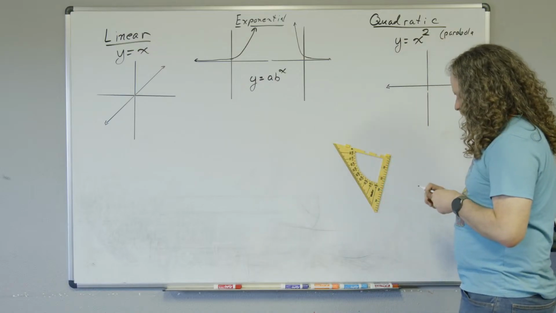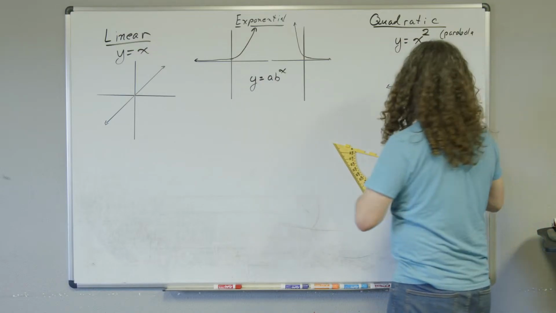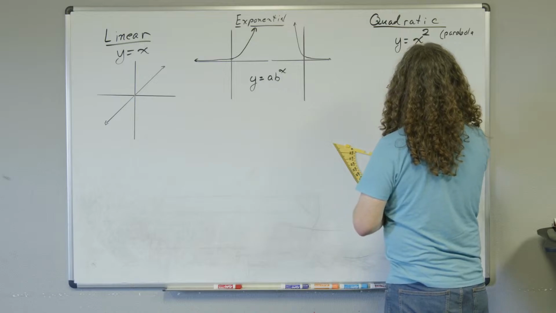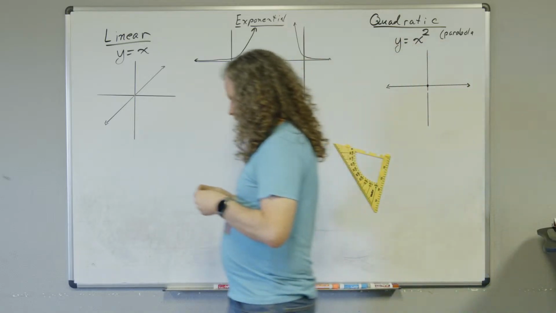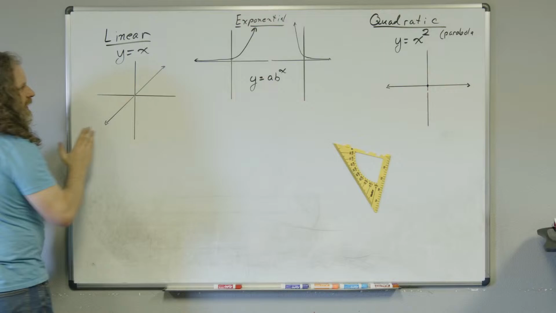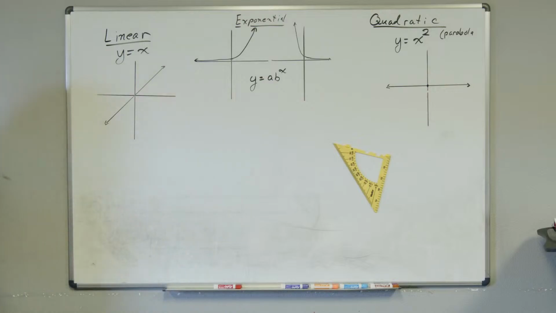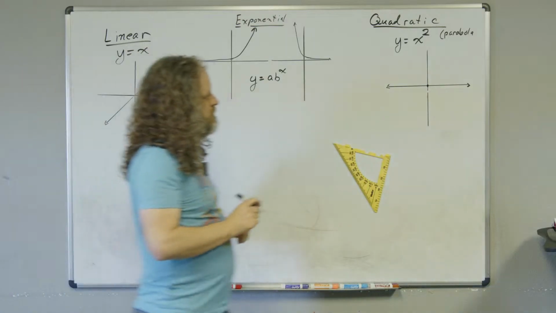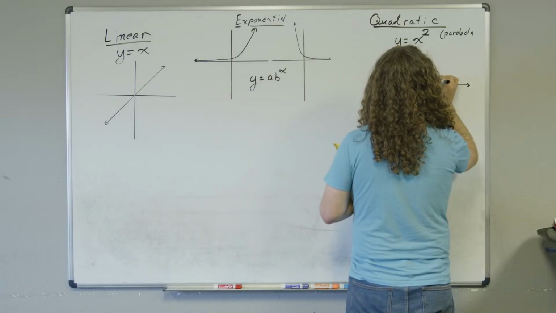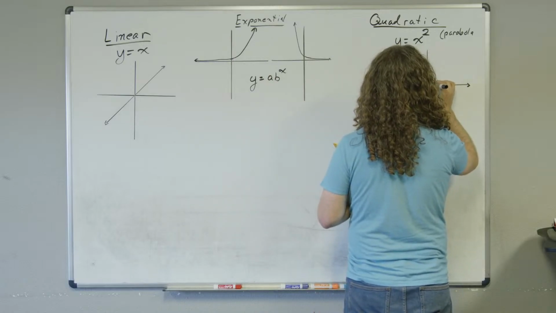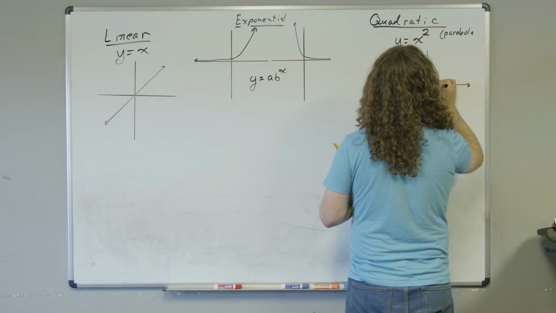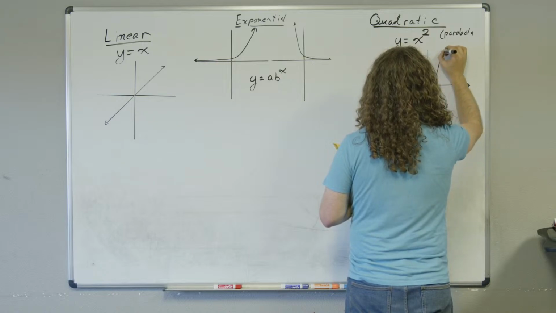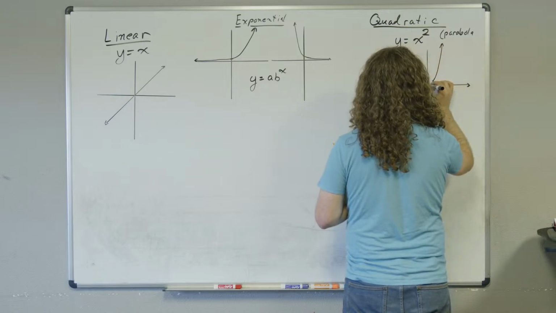It has a vertex at 0, 0. Right? The same idea as a linear. It has some critical point at 0, 0. It is symmetric about the y-axis. And it looks like this.